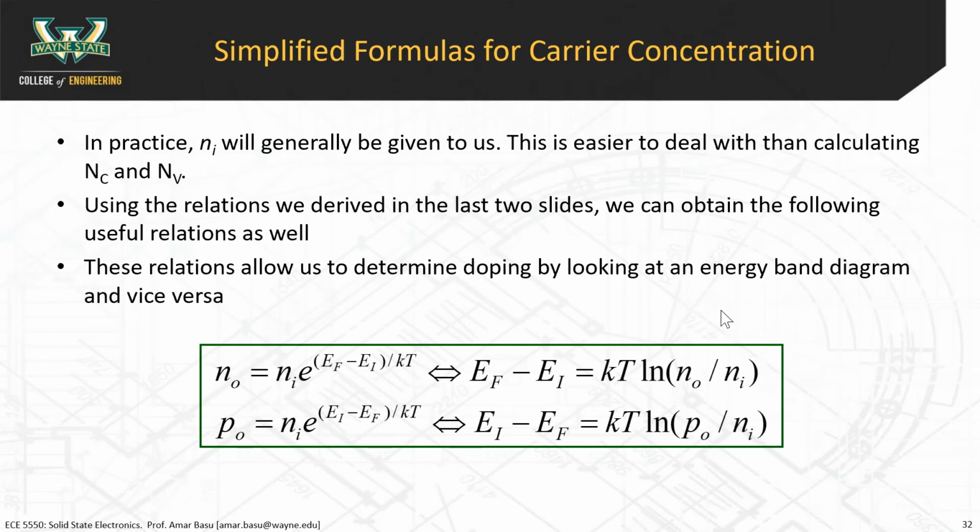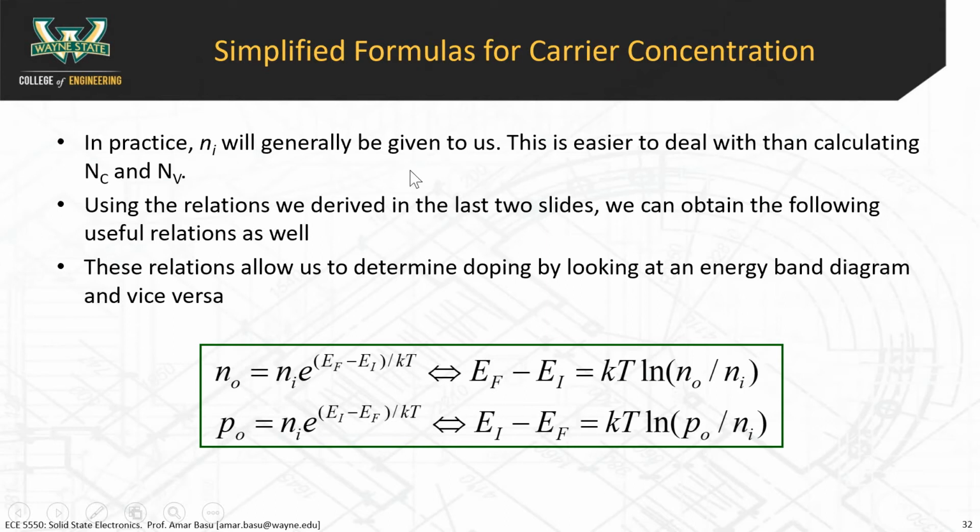All right, so simplified formulas for carrier concentration. These are the formulas you're going to be using in your homework a lot. N0 is equal to Ni times e to the (EF minus EI) over kT. The hole concentration is Ni e to the (EI minus EF) over kT. The reason why we use this is that in practice, Ni will be given to us.